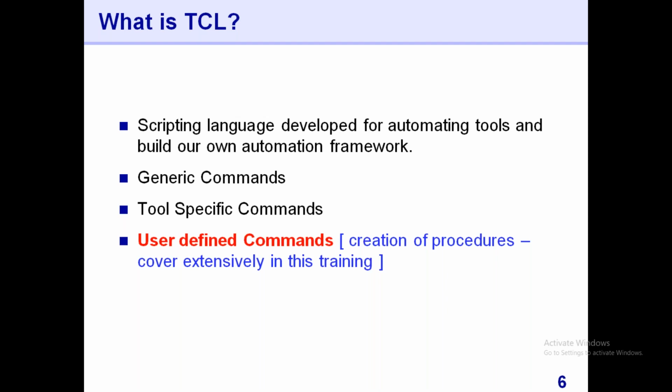So here we will create our own procedures. Procedures are basically a function, a piece of code that you want to execute again and again, so we create our own commands. Once you are done with the creation of a procedure, it will have its own set of arguments. Once you source the procedure, every time you can just execute your command along with the arguments.